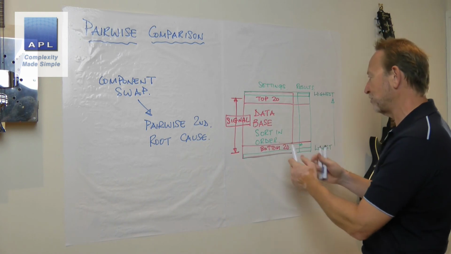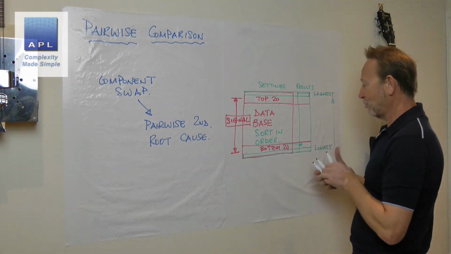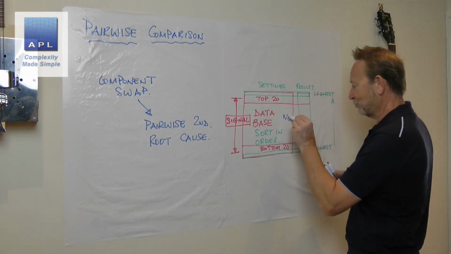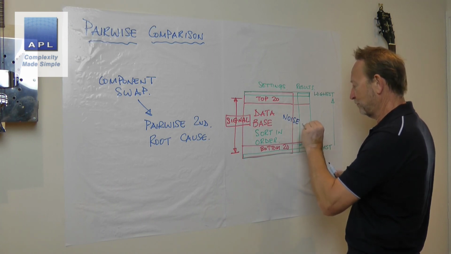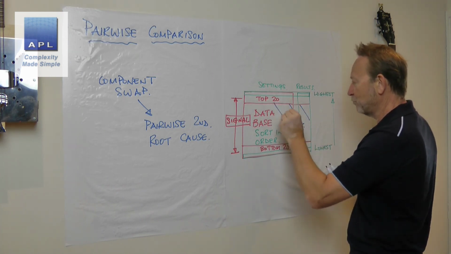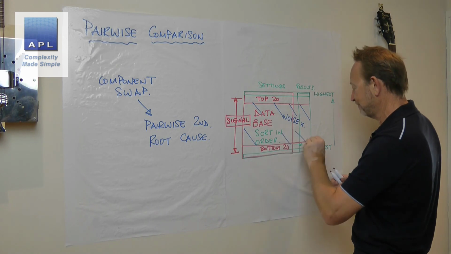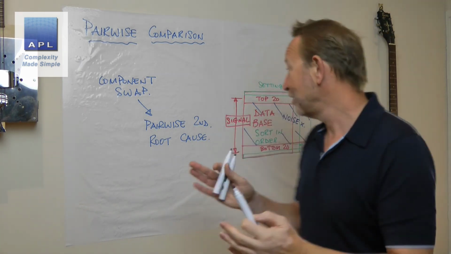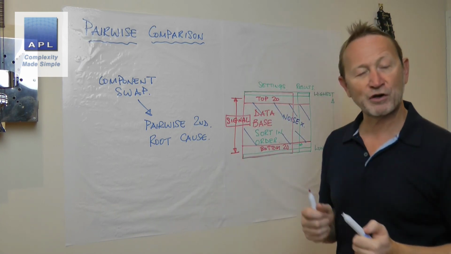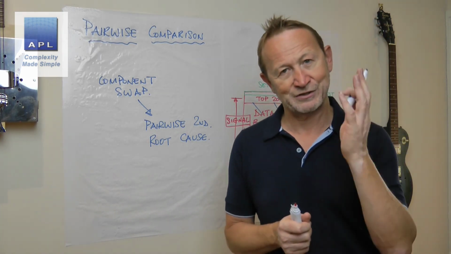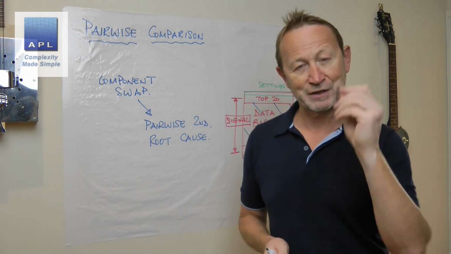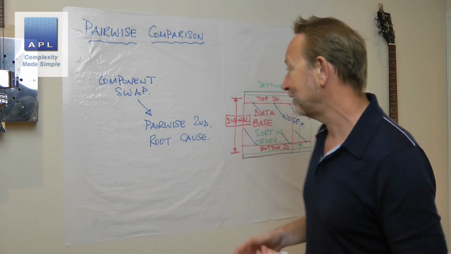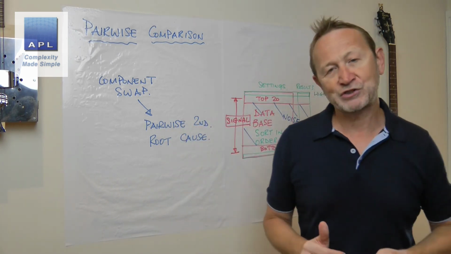And now you can do the analysis, with this middle bit, of course, being all the noise. So what we've done is we've removed the noise in the middle and we've just left a massive amount of signal. So if there's a genuine piece of knowledge to be learned out of that data set, you are going to see it because the signal is at the maximum. Now that's how to use pairwise on its own.